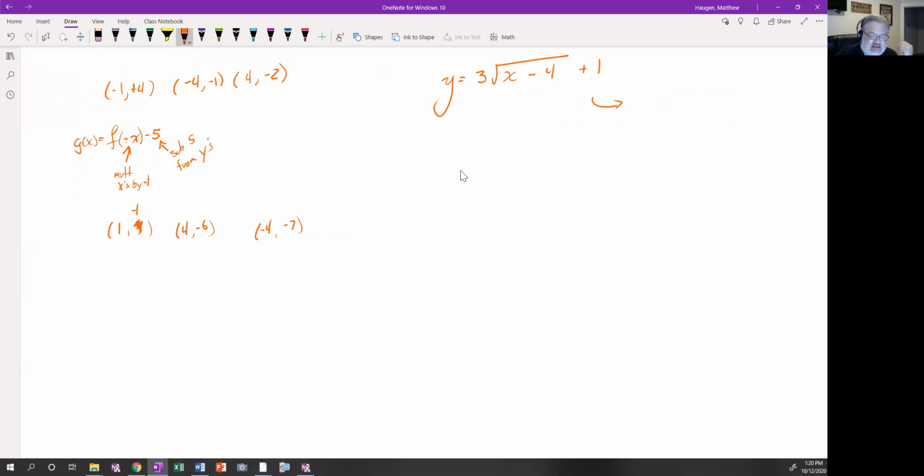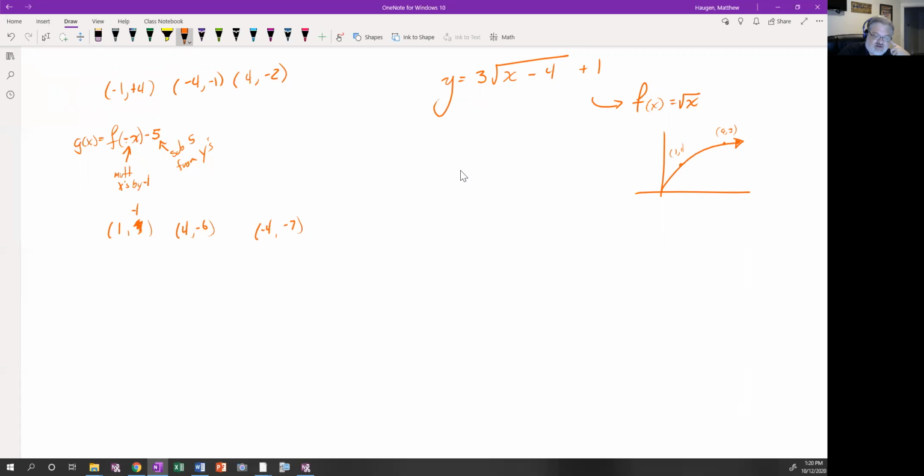And ideally, we know what the basic square root of x looks like. Basic square root of x is that function, right? And we know some points on it. The square root of 1 is 1, square root of 4 is 2, square root of 9 is 3. So we have some points on that graph.